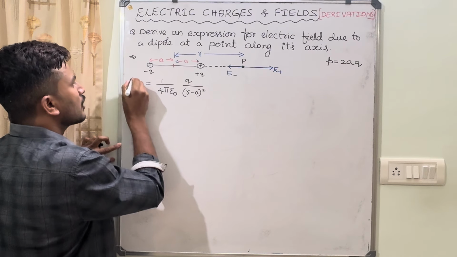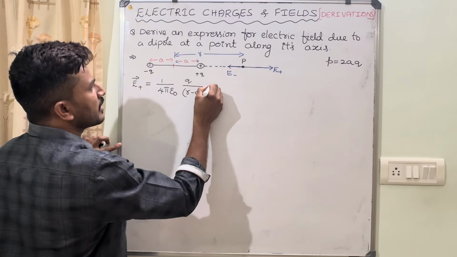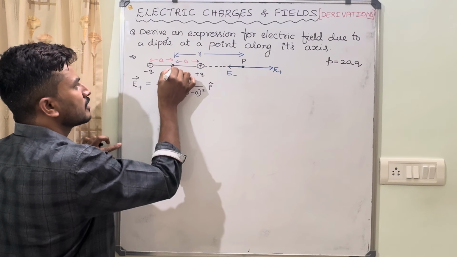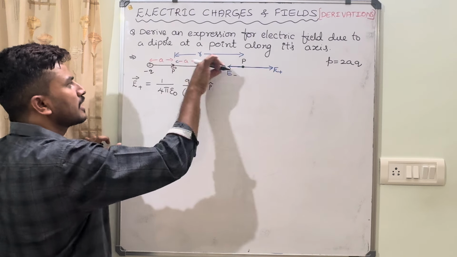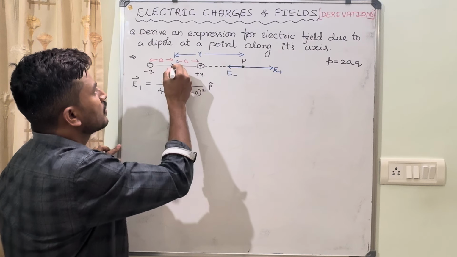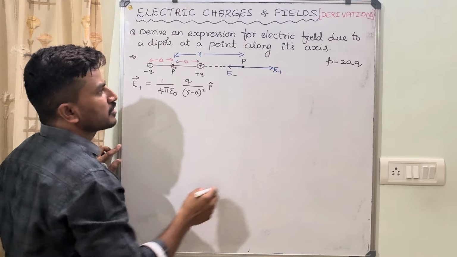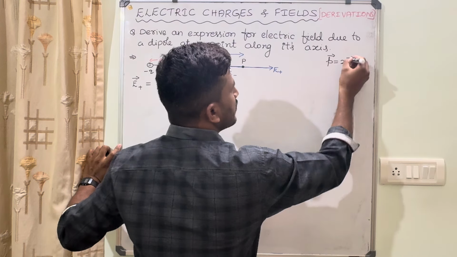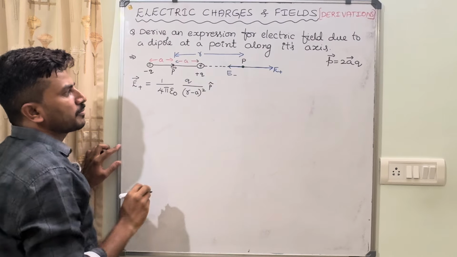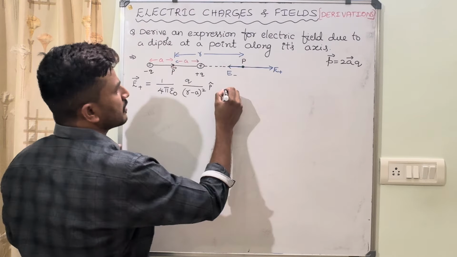In vector form, I will write it as p cap. What is p cap? P cap is the unit vector in the direction of the dipole moment. Dipole moment is directed from the negative charge to the positive charge. Dipole moment is a vector quantity. So in the direction of the electric field, you will get plus p cap. So this is E plus.